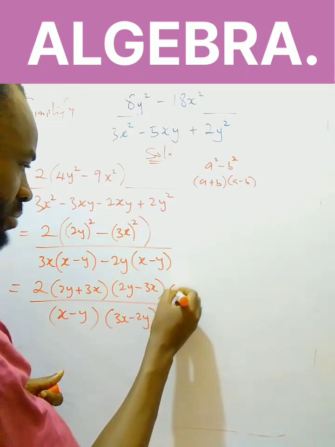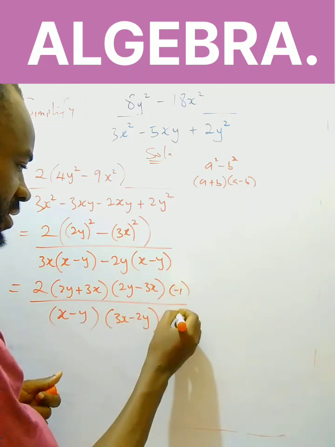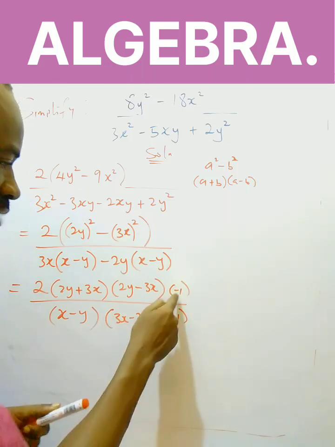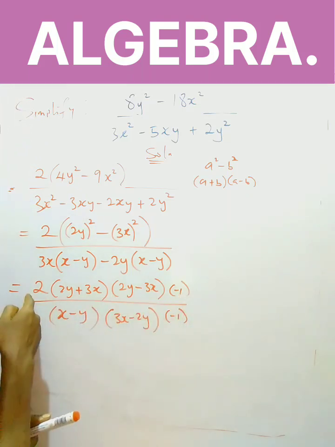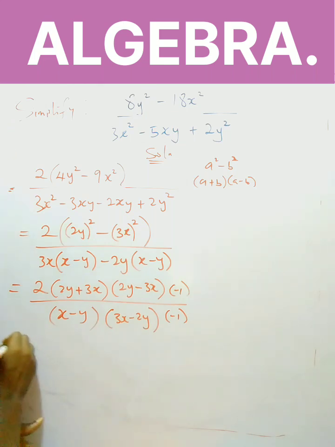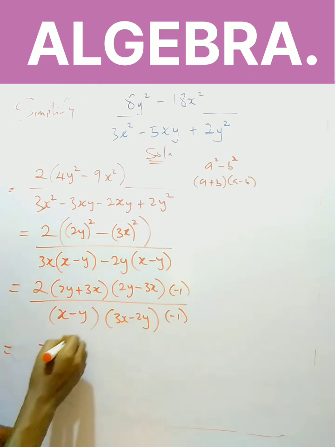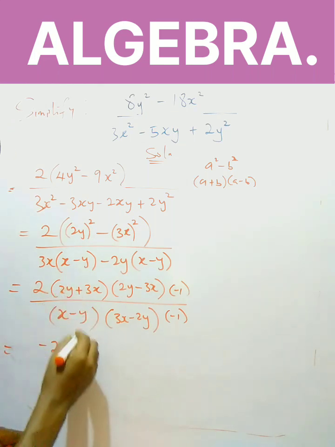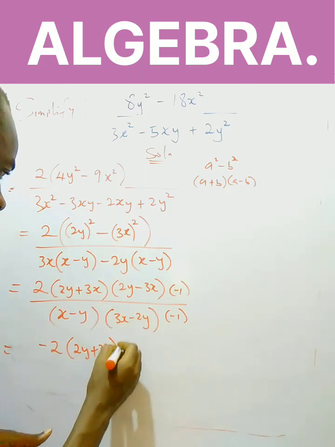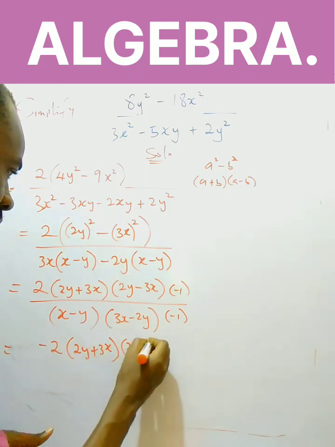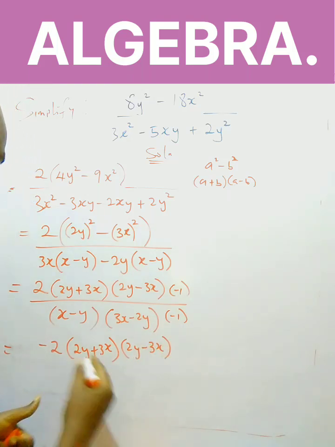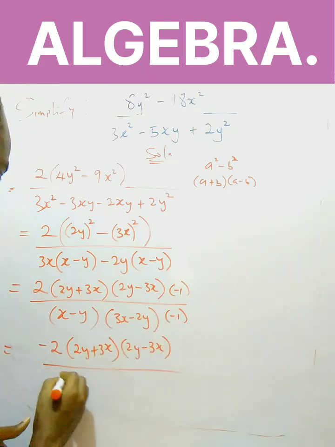So if I times this by minus 1, I times this by minus 1. Remember, it balances. So this minus 1 times this will give us minus 2 into 2y plus 3x into 2y minus 3x.